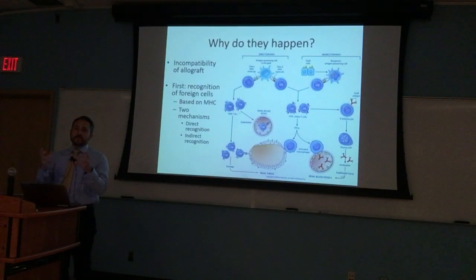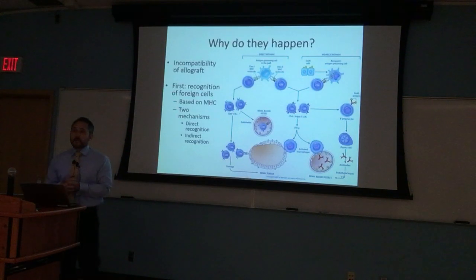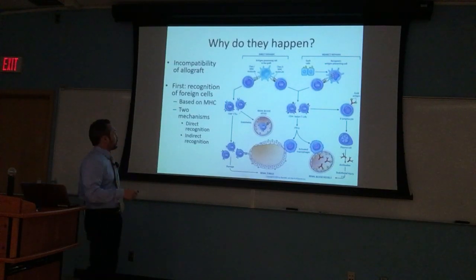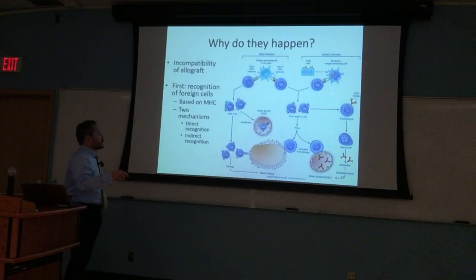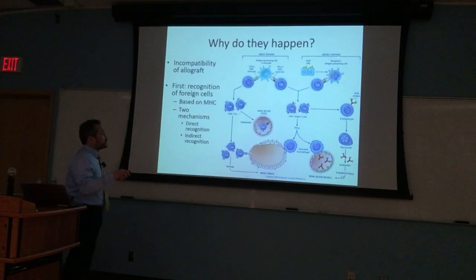And there are going to be nucleated cells expressing different antigens. Primarily the antigens we're most concerned about are the major histocompatibility complex antigens, the MHCs. And we will have an incompatibility by one of two mechanisms, either directly or indirectly.